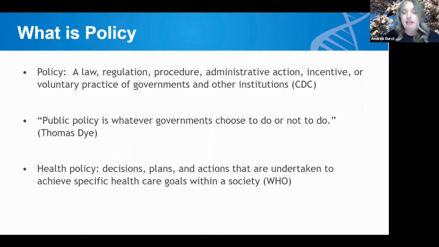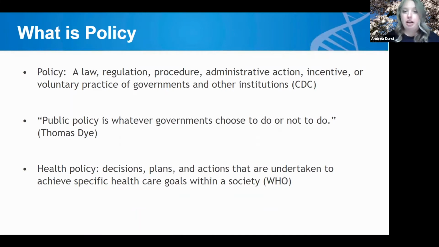I also like this definition by Thomas Dye, who's now an emeritus professor of political science down in Florida, who states that public policy is whatever governments choose to do or not to do. And I think that's really important. And I think that as genetic counselors, we all kind of know the implications at this point of policy that comes from what the government chooses not to do, especially as we continue to wait for a federal bill to be passed that recognizes us as providers under CMS.